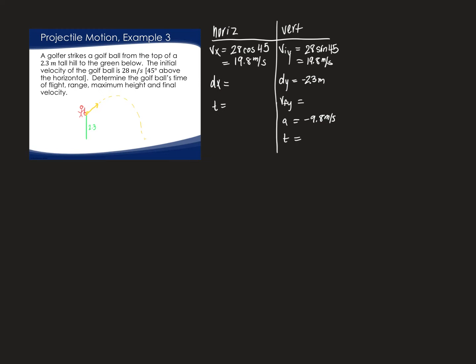So let's go ahead and start by calculating time using what we know here. Okay, so we'll use our favorite equation. I don't know that it's actually our favorite, but it is the most commonly used for these projectile motion problems.